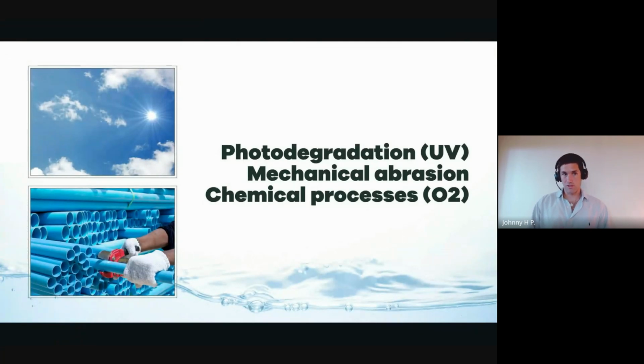There are physical processes like photodegradation, where exposure to sunlight, particularly UV radiation, will break down a plastic into smaller pieces over time. This is probably one of the most common ways that microplastics degrade. You're essentially just breaking the polymer chains apart using the power in the UV from the sun.